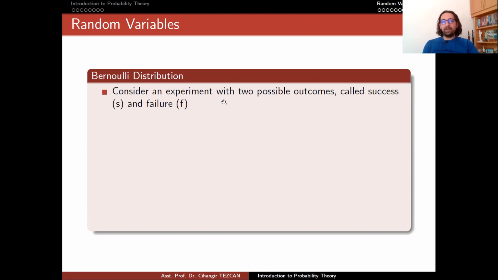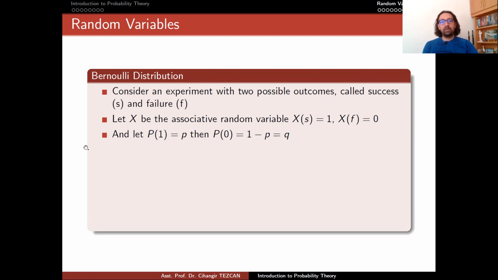So consider an experiment with two possible outcomes called success S and failure F. Let X be the associated random variable where the success is represented with 1, and for this random variable, failure is represented with 0.